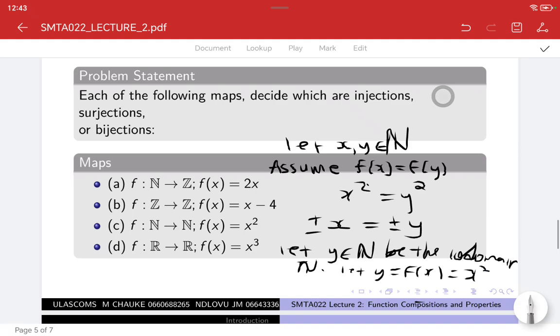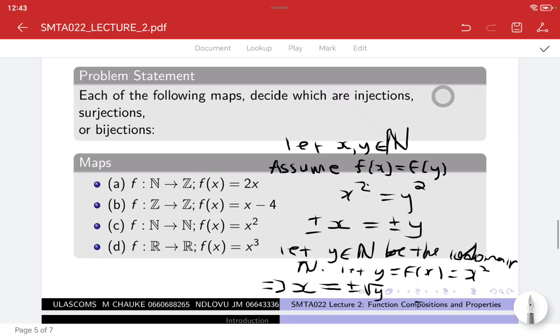Now I want to solve for x. If I square both sides, x will be equal to plus or minus root of y. So this one, also the element is not unique.